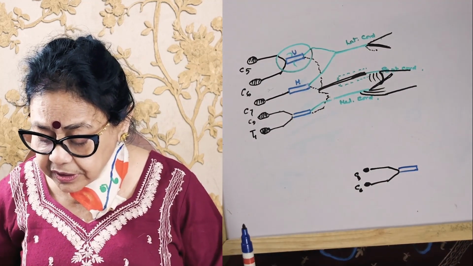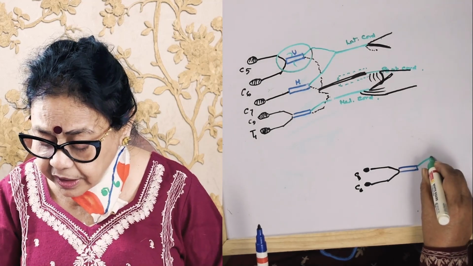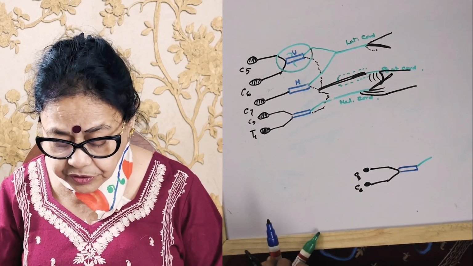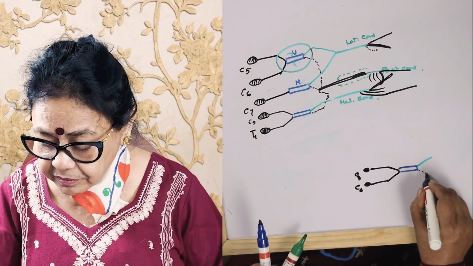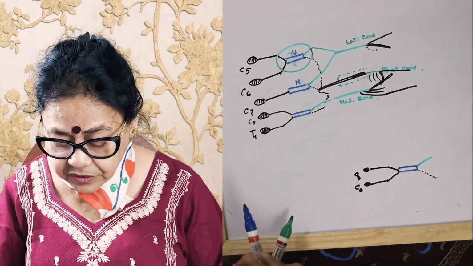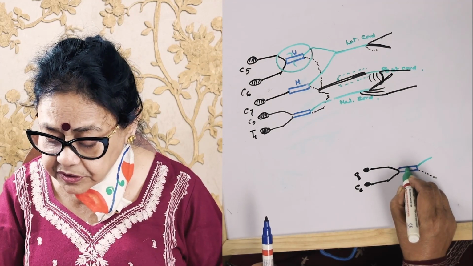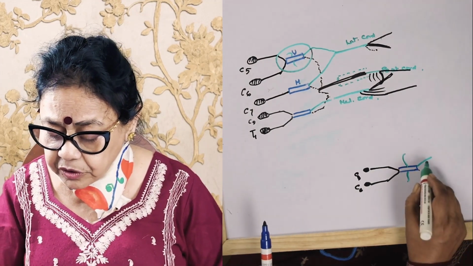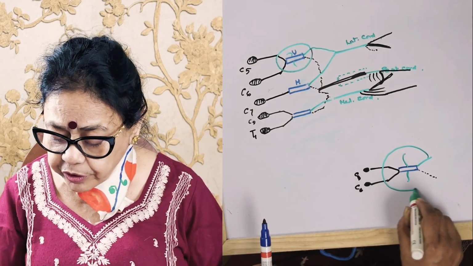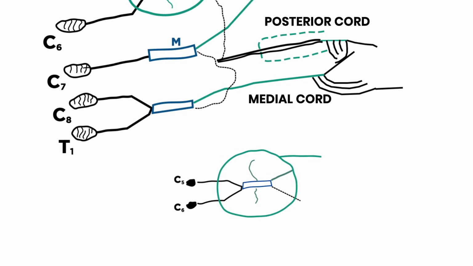One is the anterior division, another is the posterior division. And this is the nerve to subclavius, and this is the suprascapular nerve. So the junction of this point is known as Erb's point.